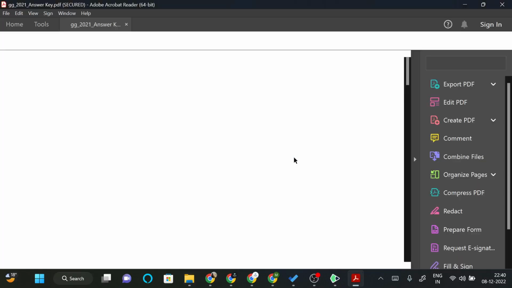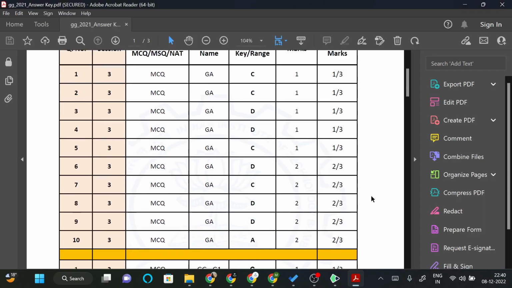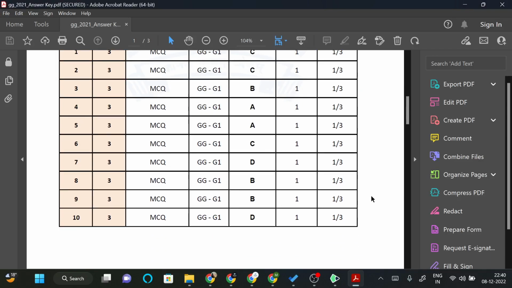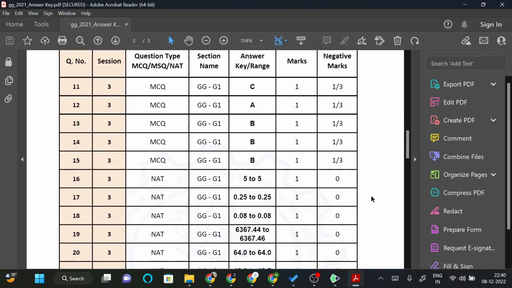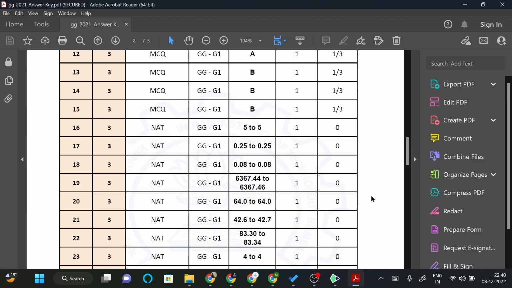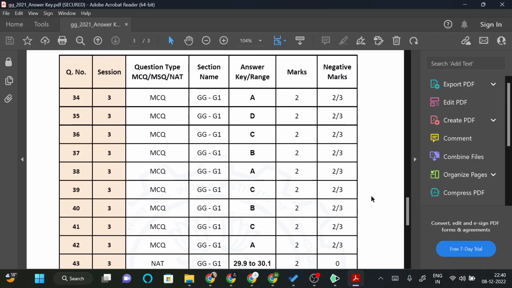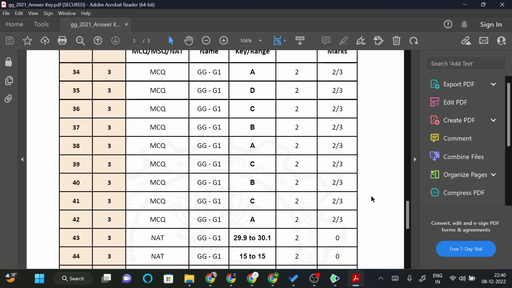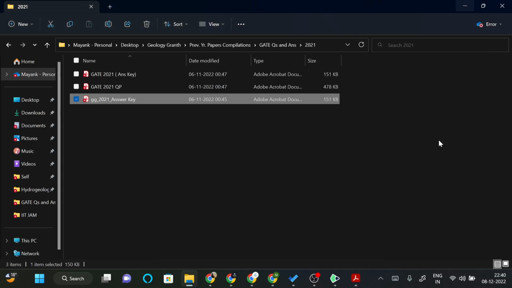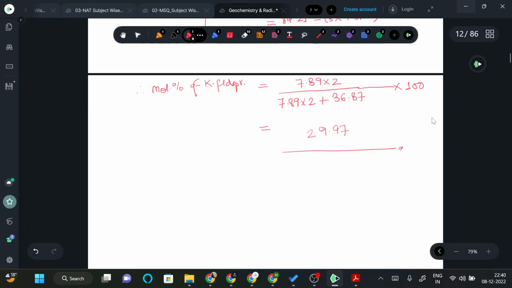They must have given it in some range, that is for sure. In numerical type questions, whenever the answers are not integers, they give the answer in some range. So okay, the range is 29.9 to 30.1. The official answer key has 29.9 to 30.1.